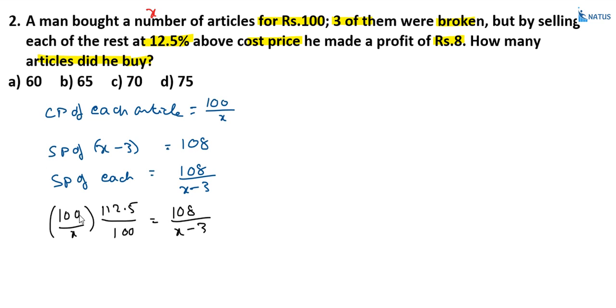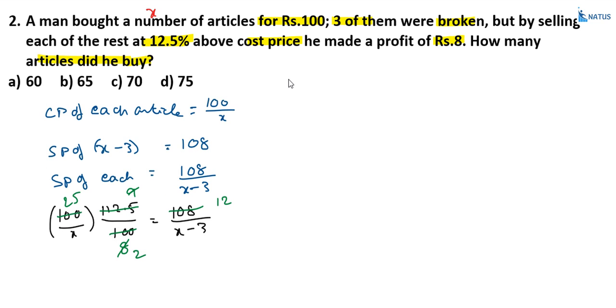Don't cancel these two. If you cancel these two, then the calculation is a bit difficult. Instead, cancel like this: 12.5 into 8 and 12.5 into 9. This is 12, this is 2 and this is 25.